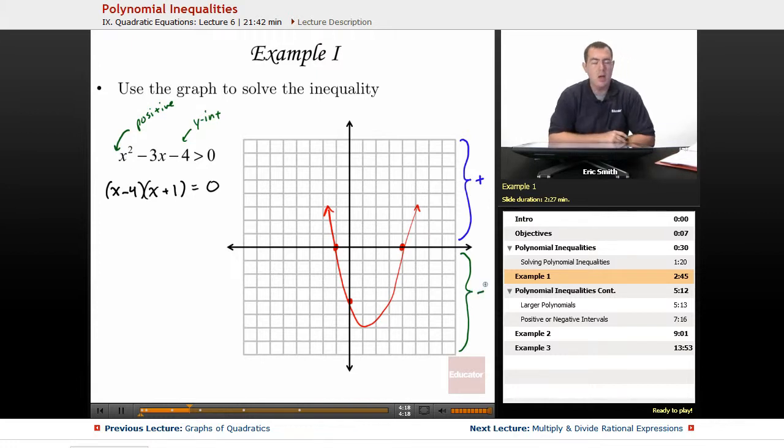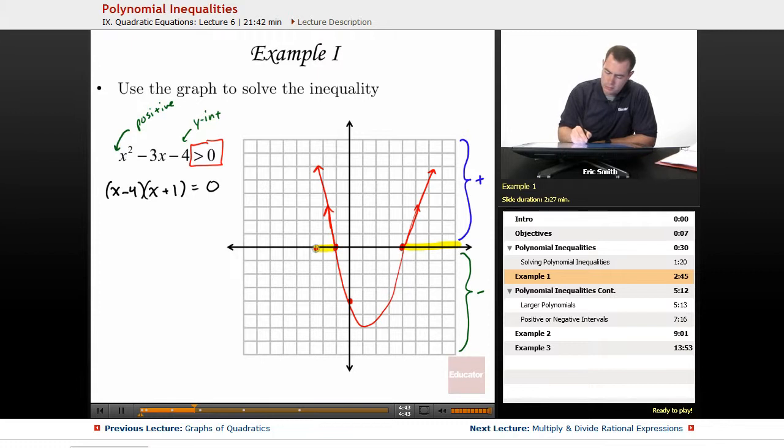All right. So for this particular polynomial, we want to know where it is greater than 0. That's a way of saying, where does it take on positive values? Well, we can see that it really does this after the value of 4, and it does it before the value of negative 1. So in those intervals, if you're using those x values, then the equation will be positive.